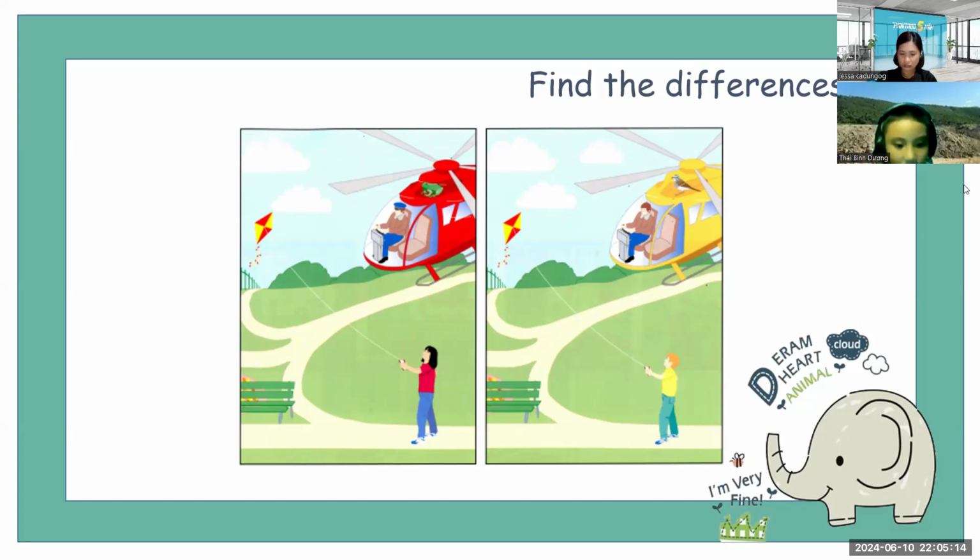In picture 1, the t-shirt is red. But in picture 2, the t-shirt is yellow. Okay, correct. In picture 1, there's a girl. But in picture 2, there's a boy. Okay, next.